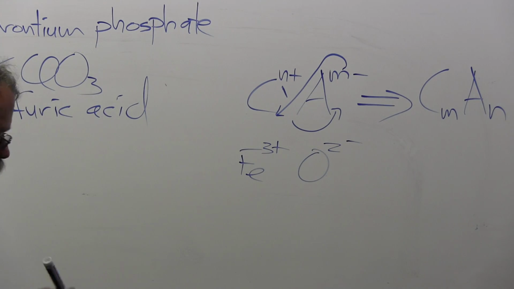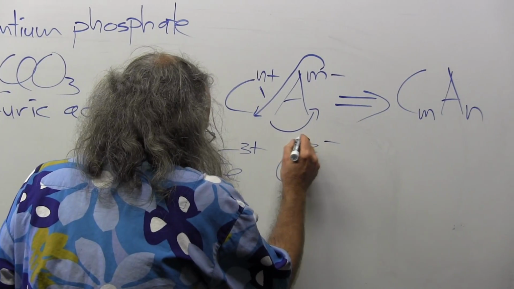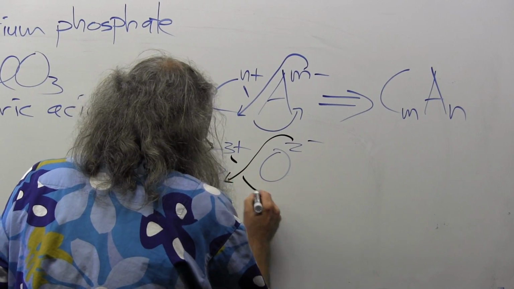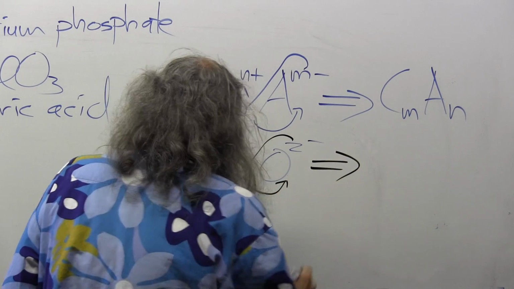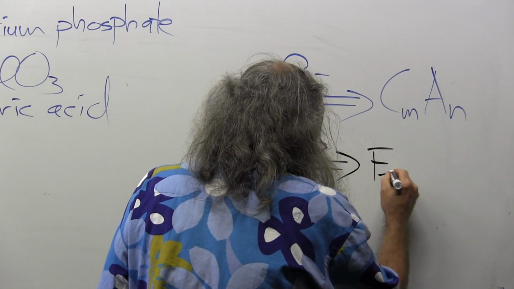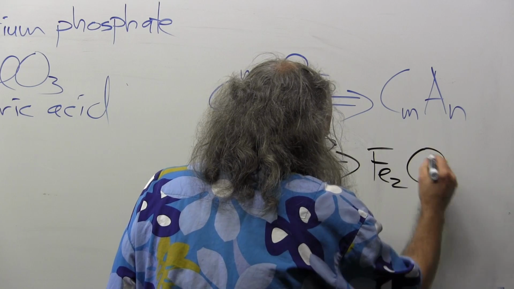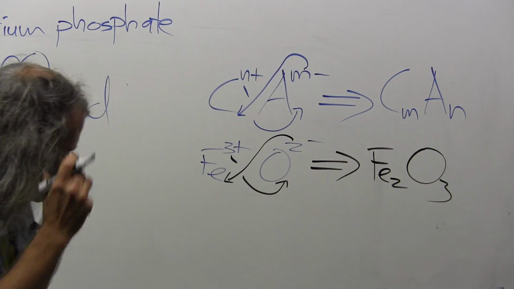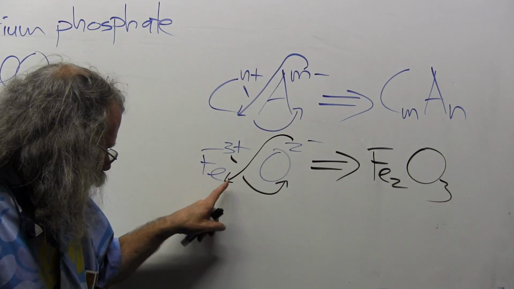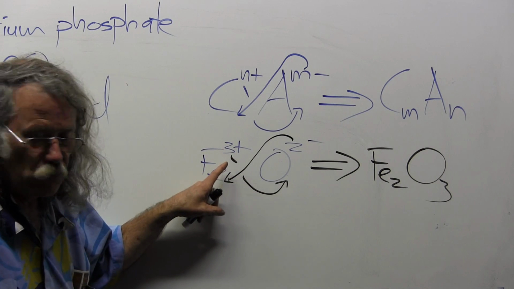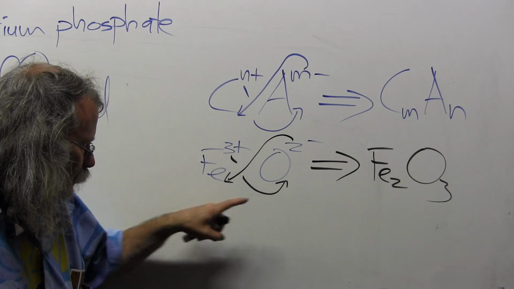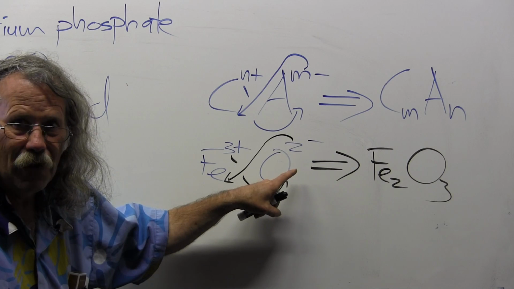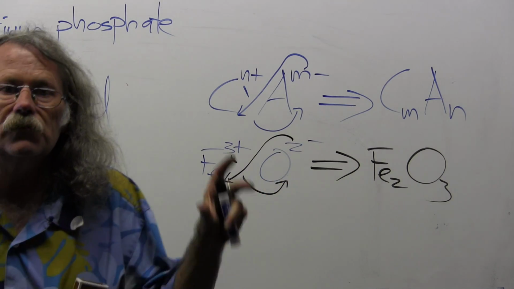So in order to get this formula, it's going to be Fe2O3. That means I've got 2 plus 3 charges, which is plus 6, and 3 2 minus charges, which is minus 6. It's electronically neutral.